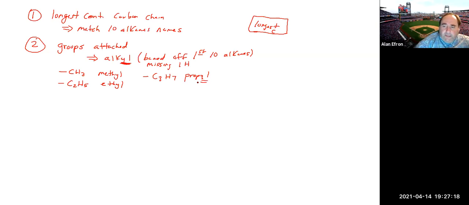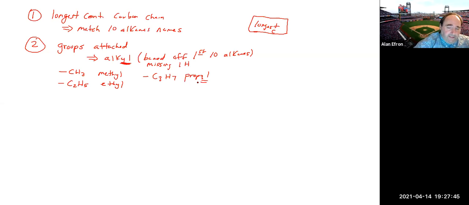So when you look at those groups attached on the outside, that are not part of the chain, they will in most cases match one of those first 10 alkanes. The only difference between the 10 alkanes and that group is it will be missing one hydrogen. The purpose of missing that one hydrogen is that it allows it to connect in without having too many bonds.